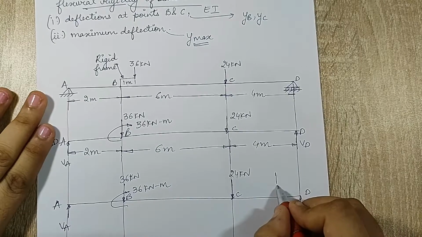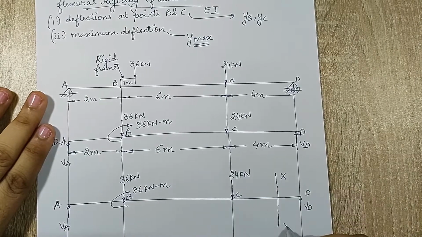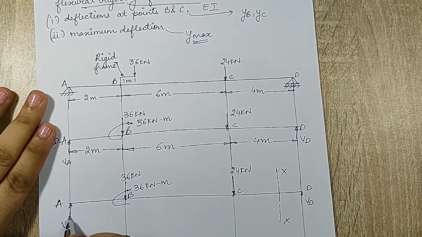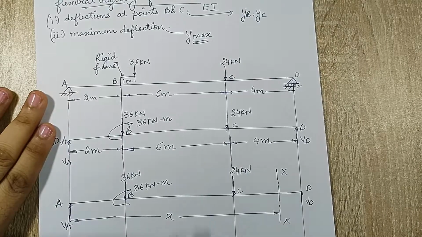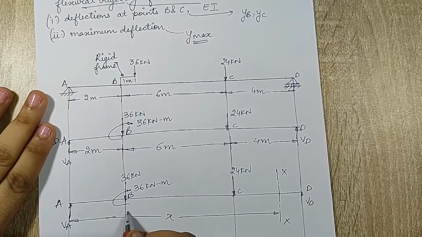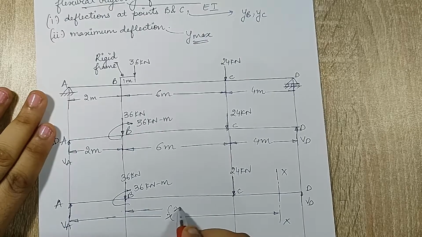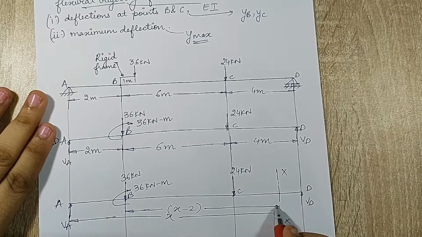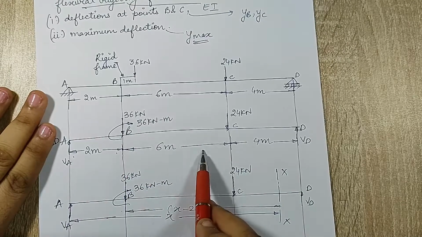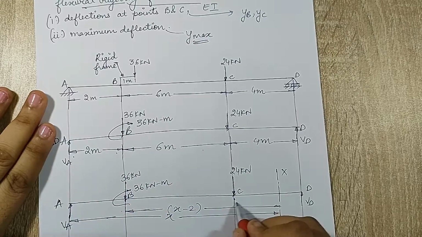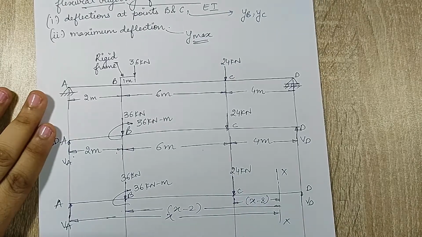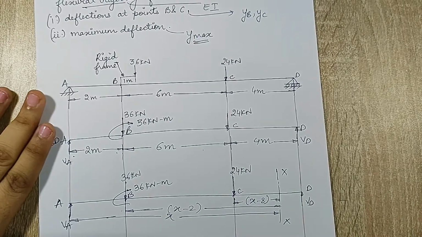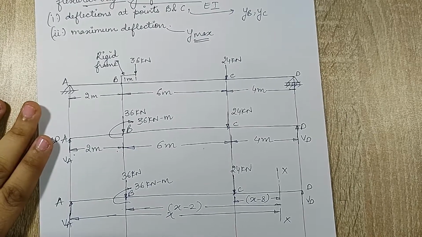Now here is my slider XX. This will be at a distance of X from end A. This distance is 2, so B will be at a distance of X minus 2. This distance is 2 and this is 6, so it is total 8. So C will be at a distance of X minus 8. So this is how the diagram is supposed to be drawn.